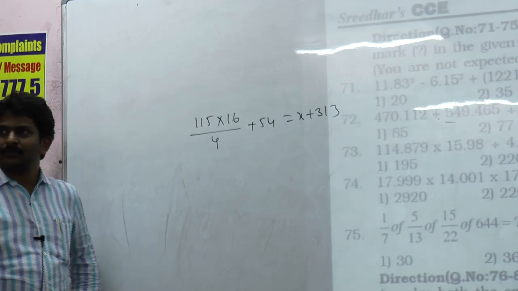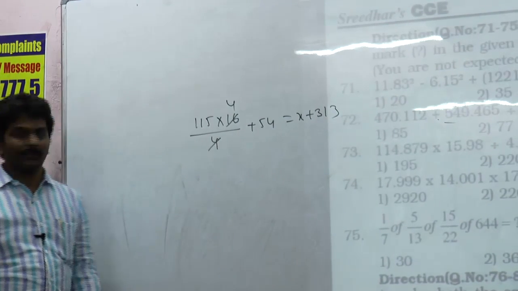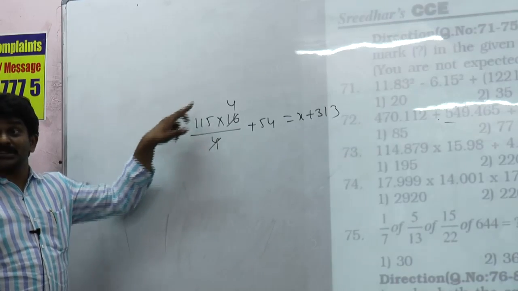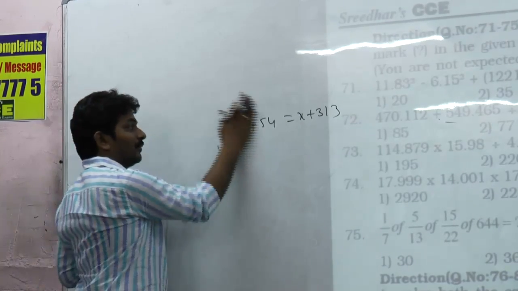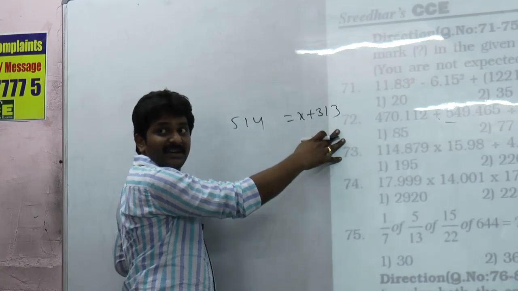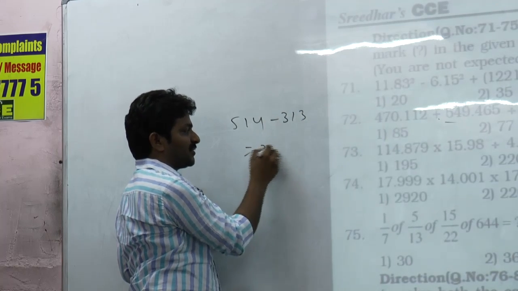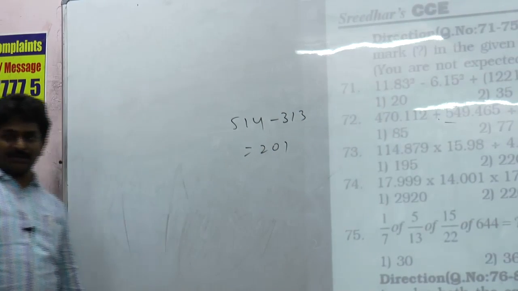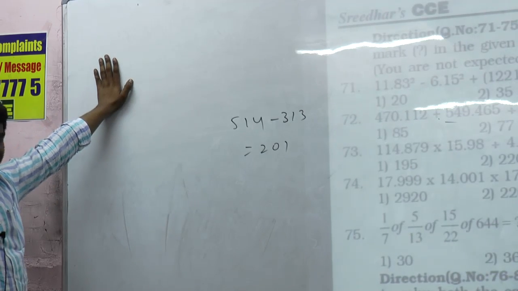Plus only. 4 how many times? 4 times. 115 into 4, 460. 460 plus 54, 514 is equal to x plus 313. X is equal to 514 minus 313, that is 201. Answer should be near about 200. Do you have 200? You have 201 itself. Fifth option.